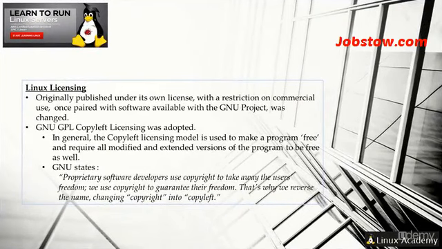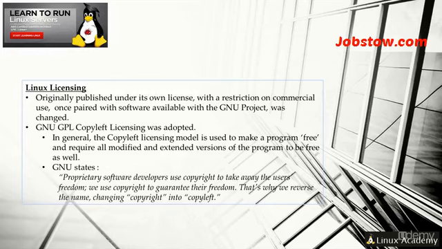At the time, he originally published it under its own license, and he specifically restricted commercial use of the kernel. Once he paired it with software from the GNU project, the utilities and the kernel kind of morphed into its own animal, and he preferred the copyleft licensing agreement.